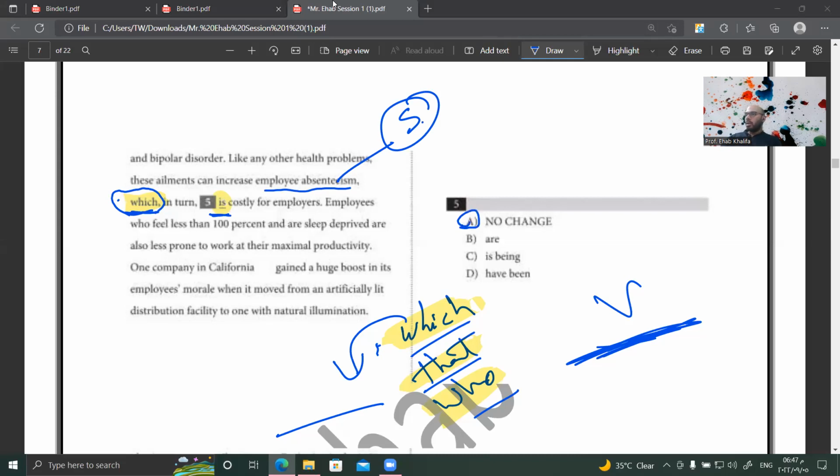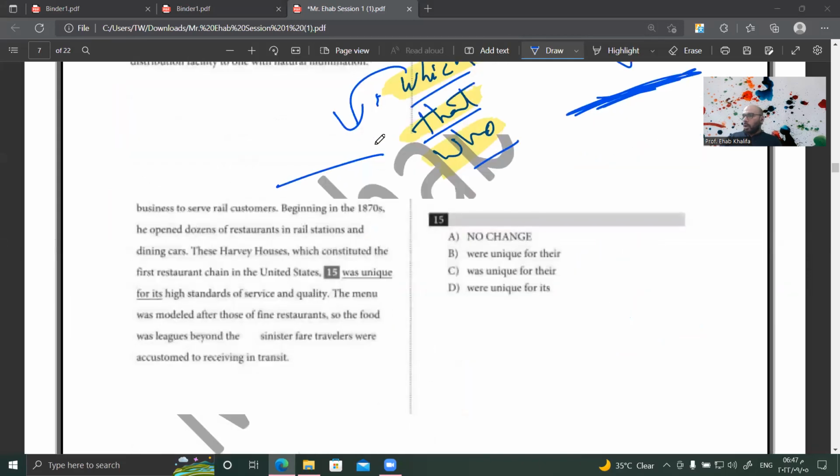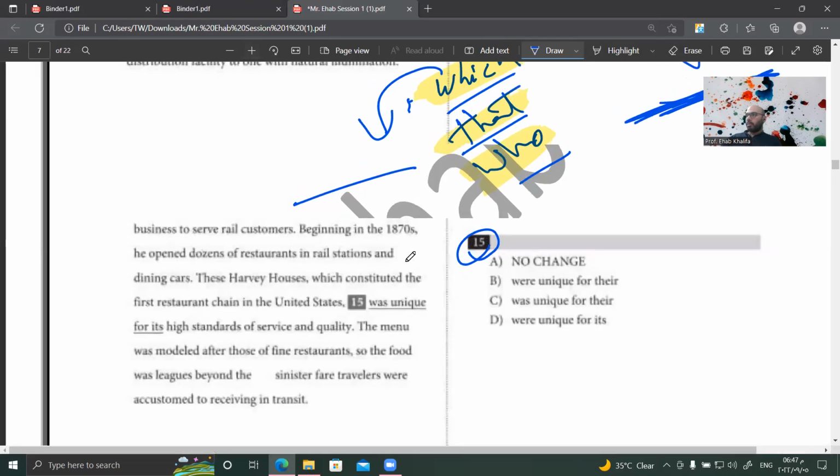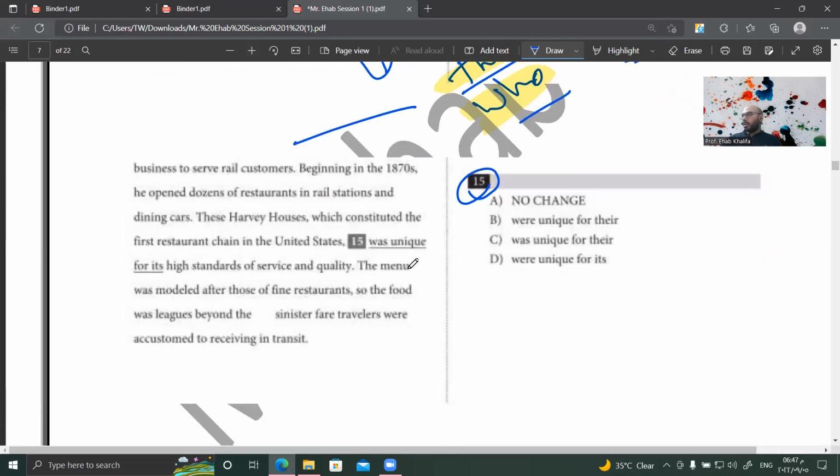Another one. Number 15. Send the answer in the chat box.